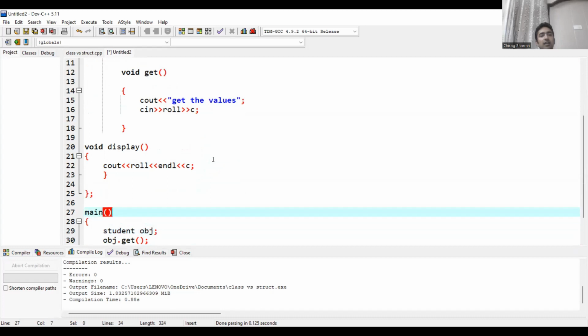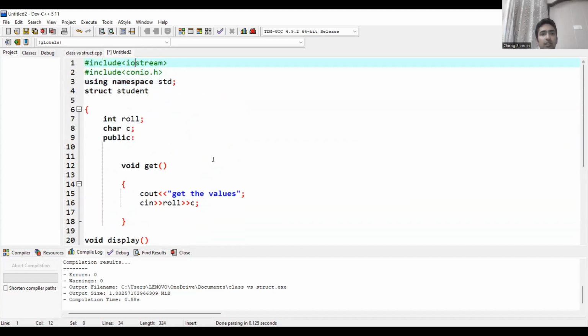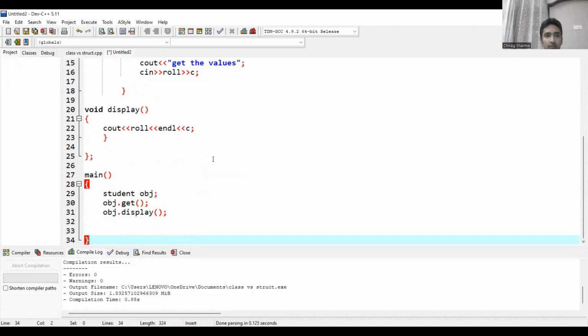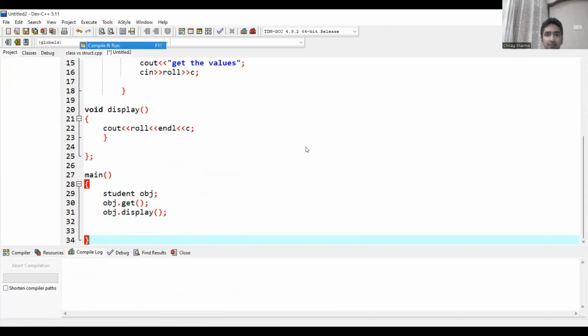So guys, this is a particular code with struct student. I have written roll number and C. I will take the value of roll number and C, and I will display the value of roll number and C. I'm doing it with structure.